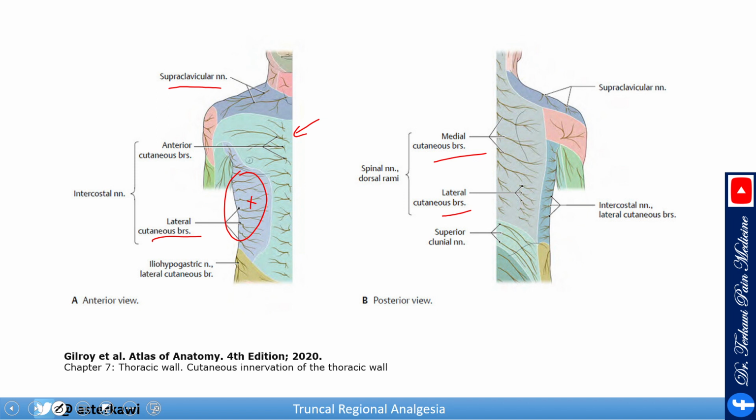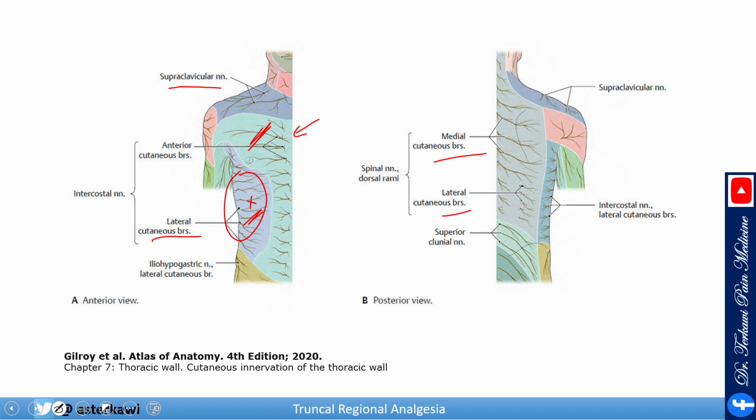So you cannot go and do a pectoralis major or PECS block and expect this to be covered. This is mostly a serratus anterior plane block, whether superficial or deep, which we will see in that lecture. But you get the concept.